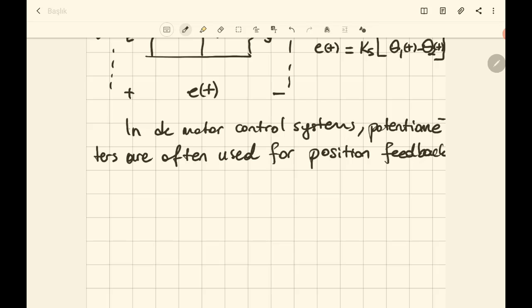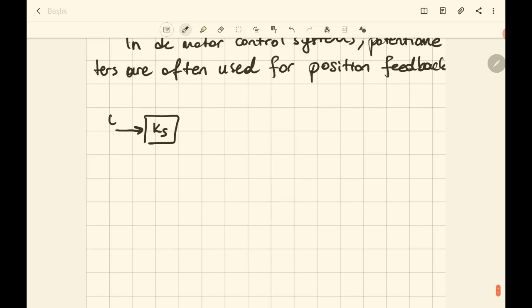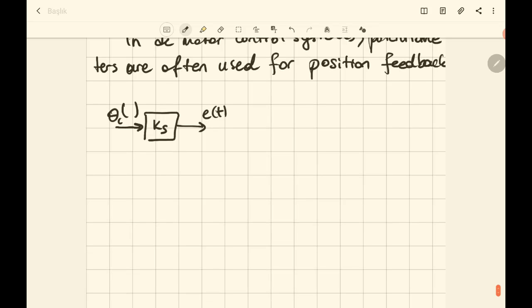How can we represent it with a block diagram? For the first configuration, we can simply represent the input as theta_c(s) times Ks, and we will get e(t). Maybe we can represent it in the time domain. What about the second configuration?